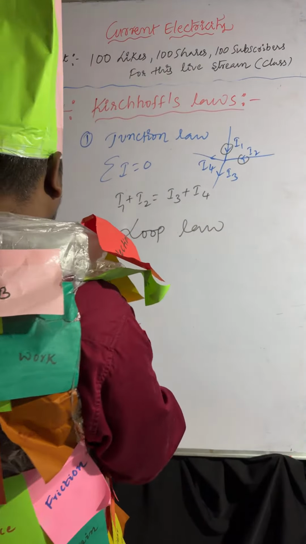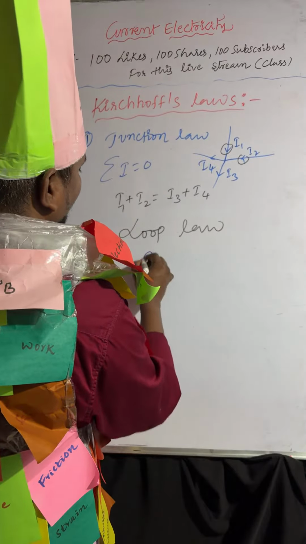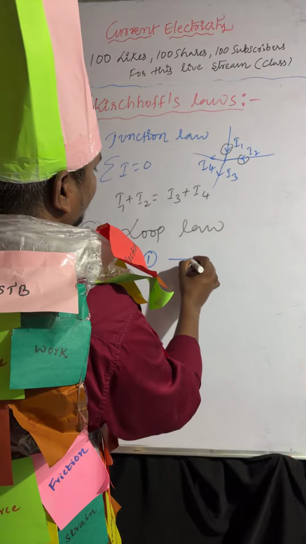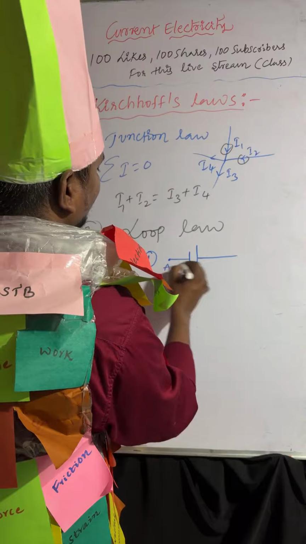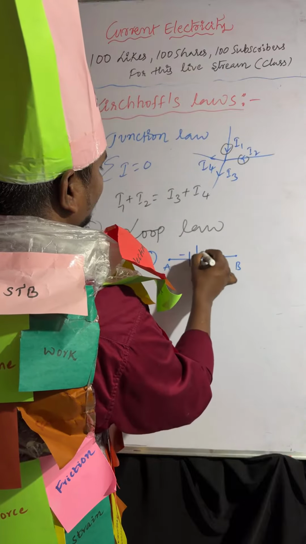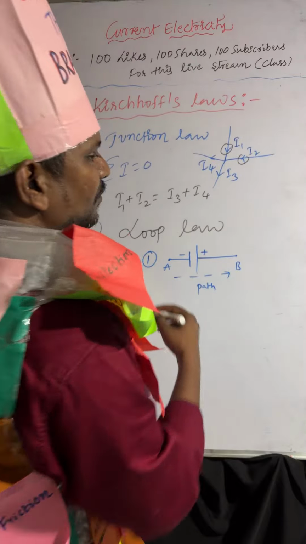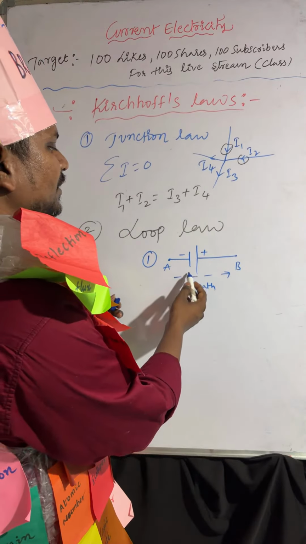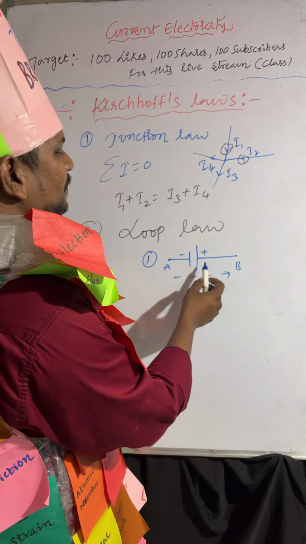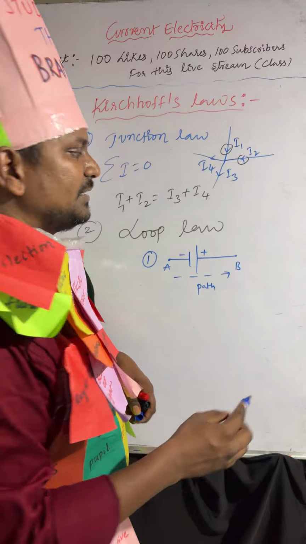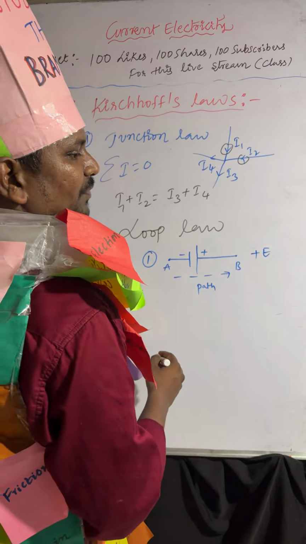Point number one: you are moving from A to B, negative terminal to positive terminal. This is the path. So you are moving from the negative terminal to the positive terminal of the cell. Then EMF is positive.